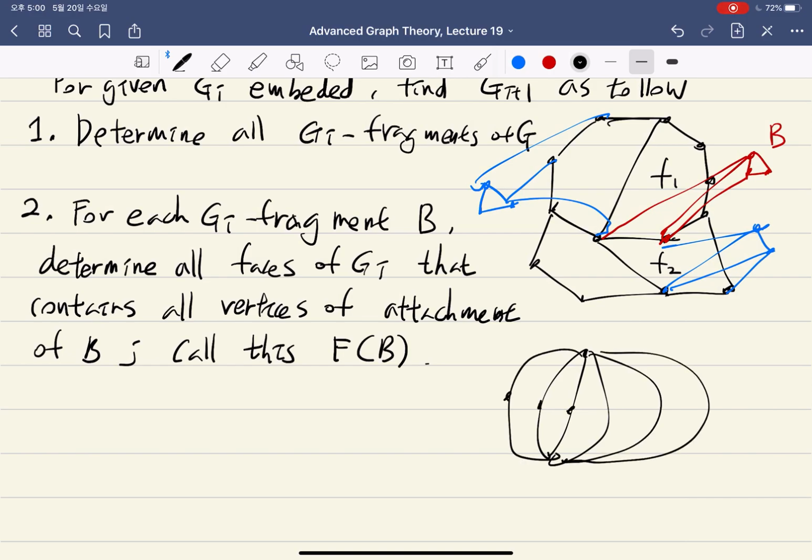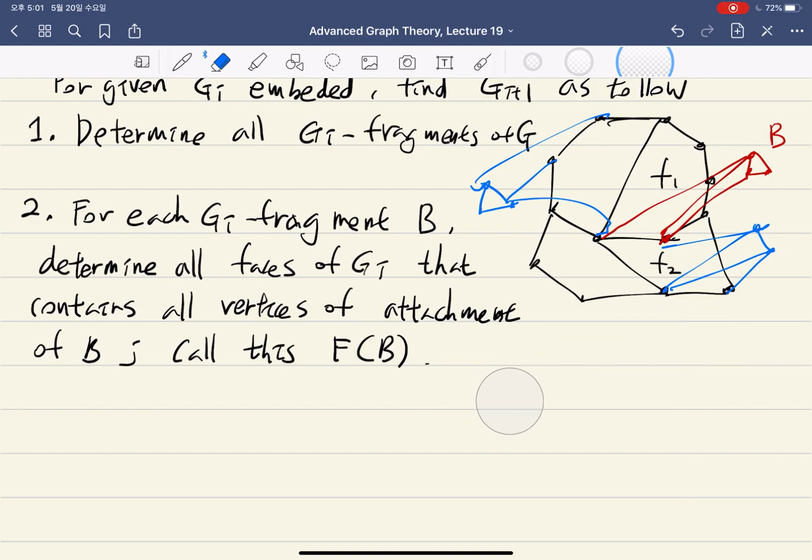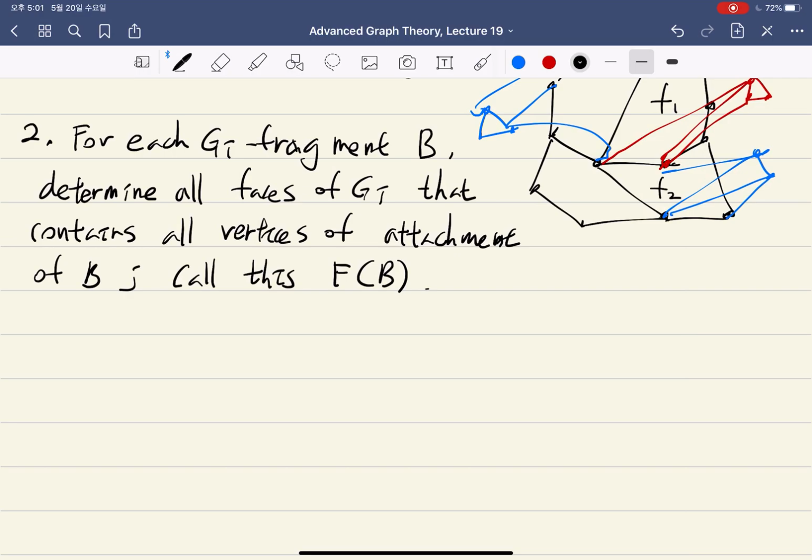For example, if we have, say, F1, F2, F3, F4, F5, and F6, and we have the fragment looking this way, then if this is B, FB consists of all these faces. Anyway, we can check this, and we define this FB.